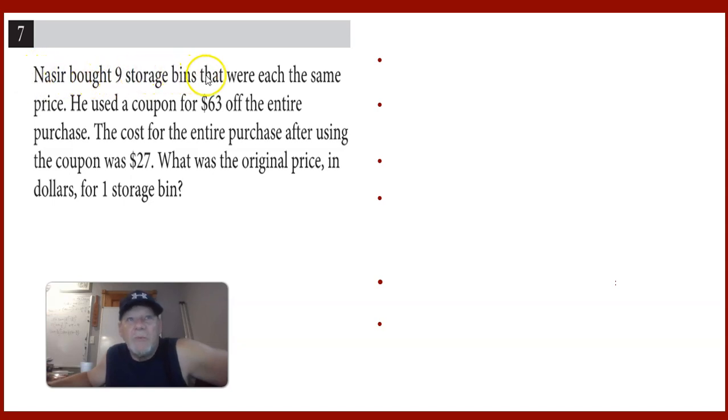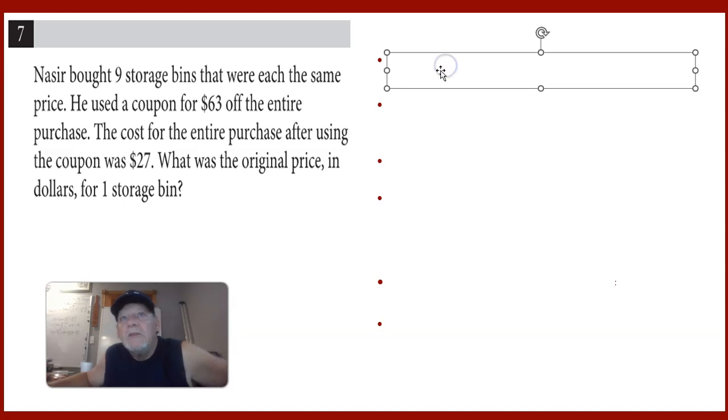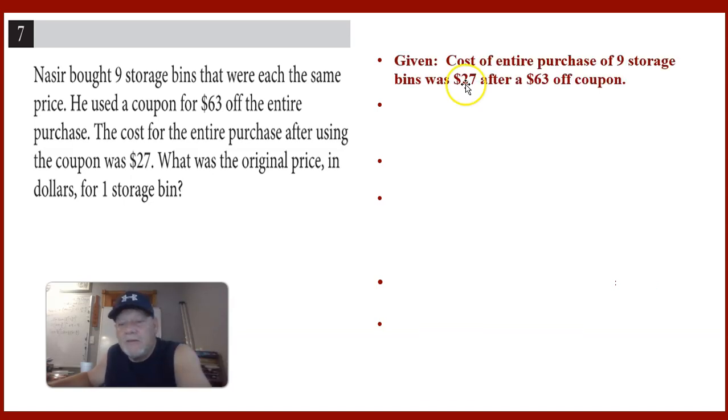Nasser bought 9 storage bins that were each the same price. He used a coupon for $63 off the entire purchase. The cost of the entire purchase after using the coupon was $27. What was the original price in dollars for one storage bin? This is a topic that is discussed in algebra class.